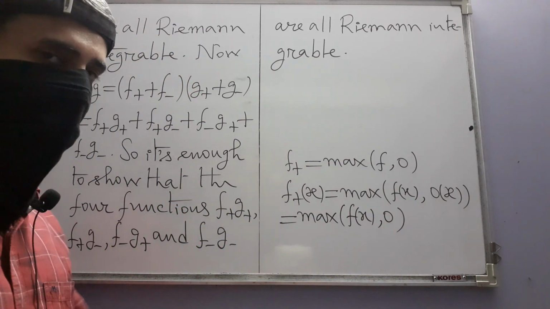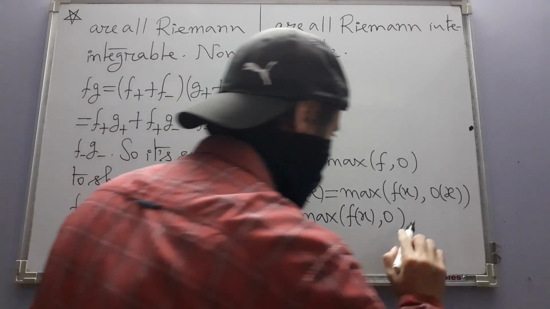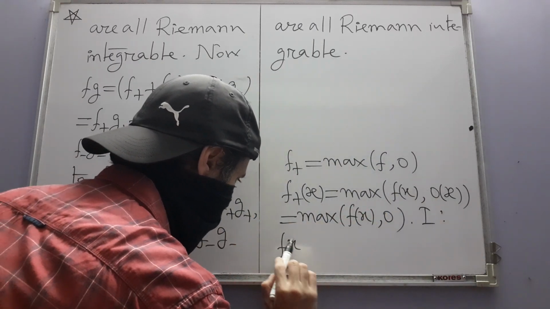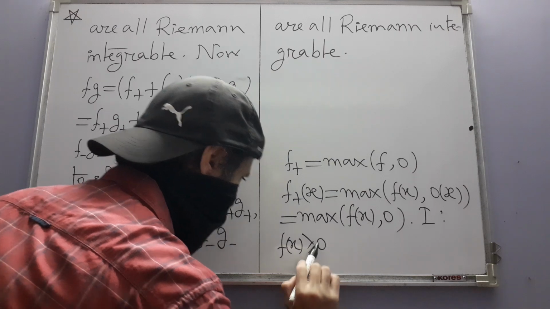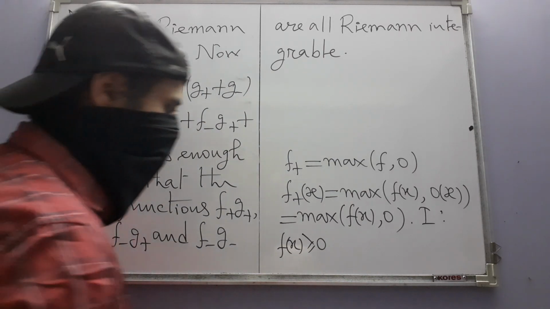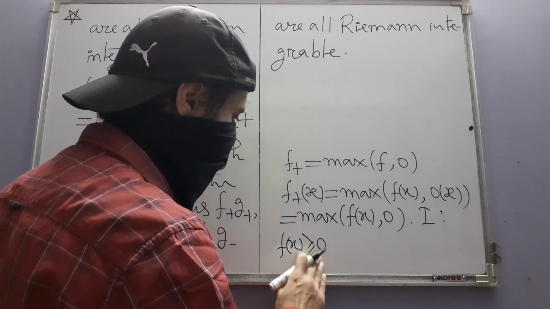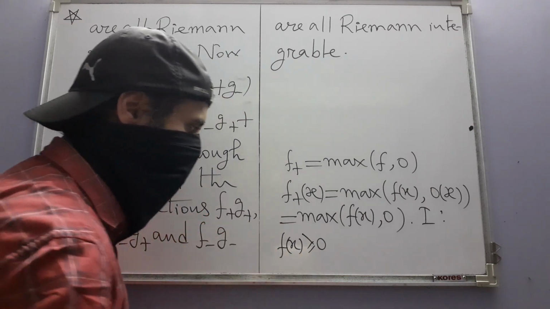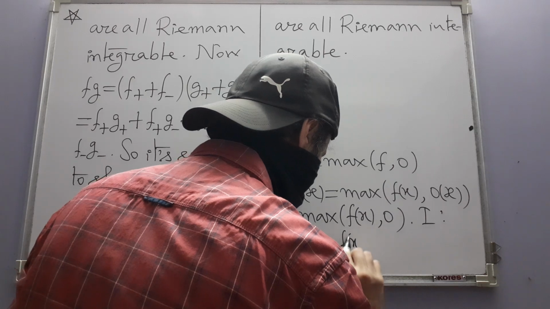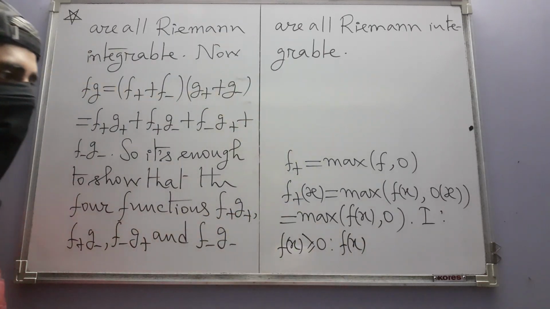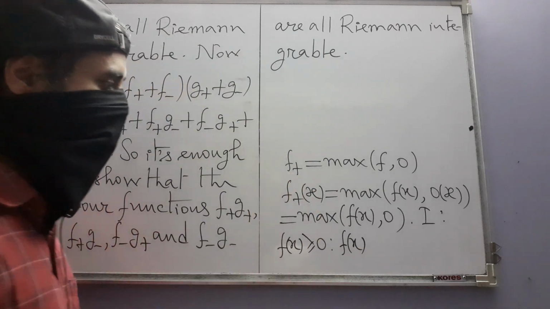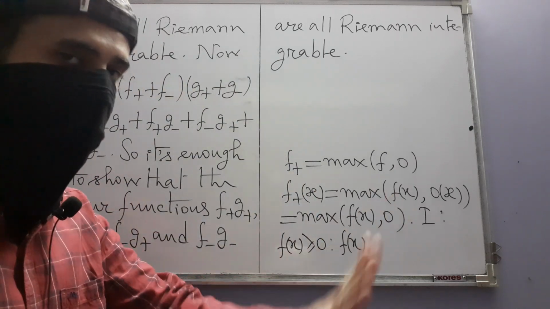Now there are obviously two cases. Case 1 is when f of x is non-negative, right? In that case, what is the maximum of these two? Obviously f of x. So in that case, the max is going to be f of x, and f of x is greater than or equal to 0. So the output is non-negative.